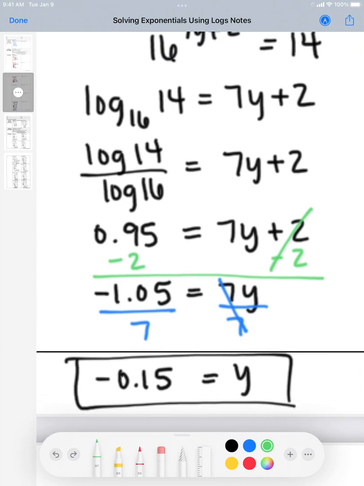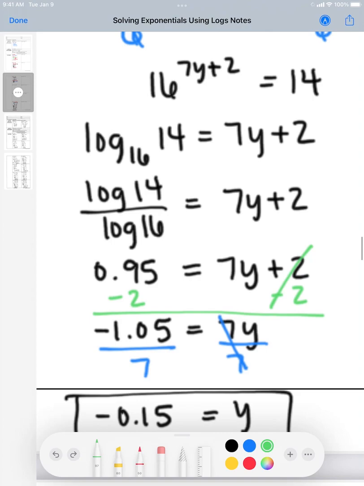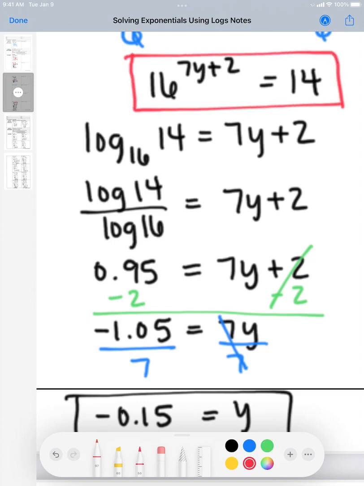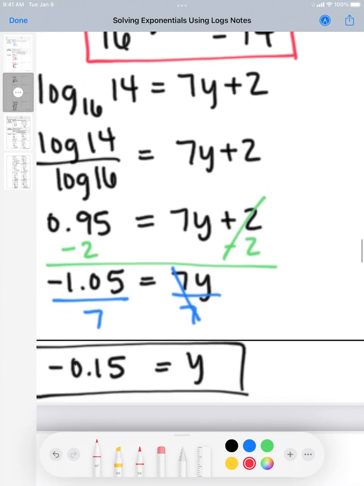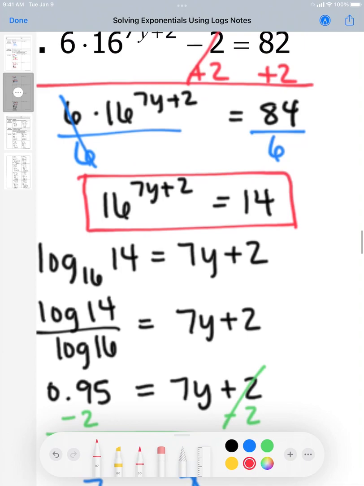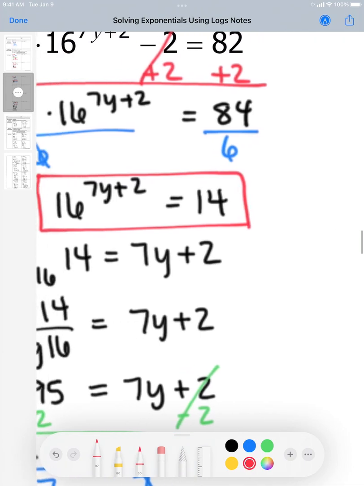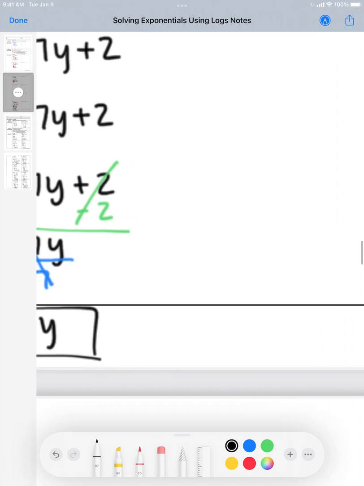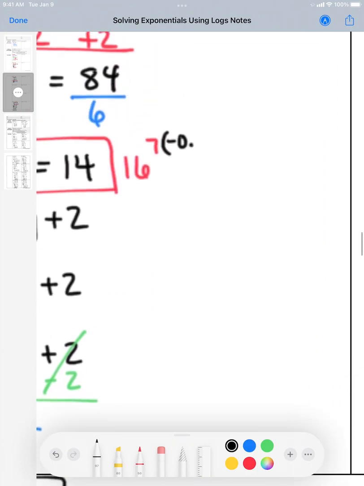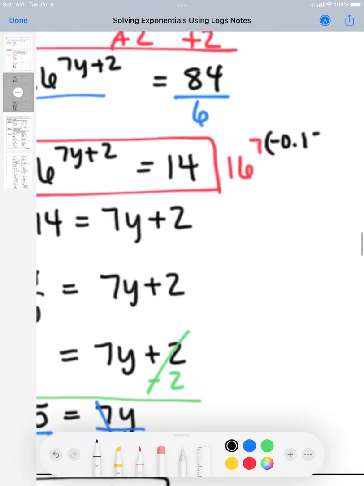All right, let's check this. Let's plug it back into the, not the original, let's do the simplified. Remember when we simplified our exponential equation up there? So we're looking for negative 0.15. We want to see if that's truly a solution. So I'm going to plug in negative 0.15 plus 2.